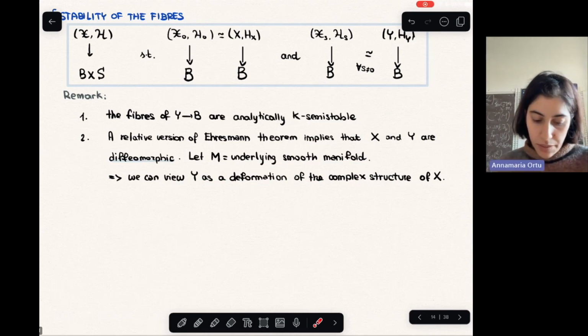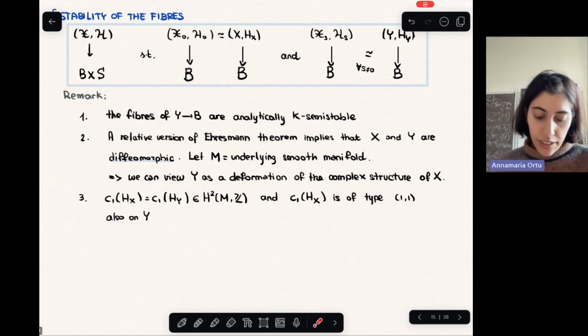And so, yes, also, as I said before, the first Chern class of these relatively ample line bundles can be viewed as the same cohomology class when we view it as a cohomology class on the underlying smooth manifold.